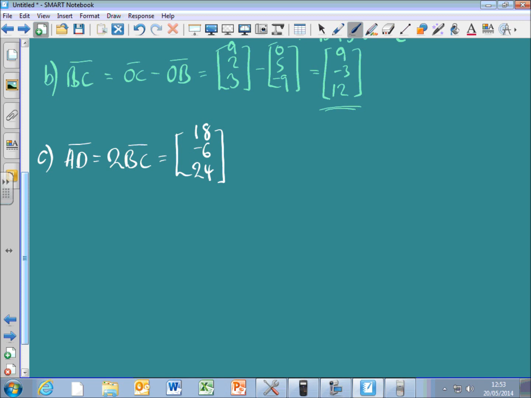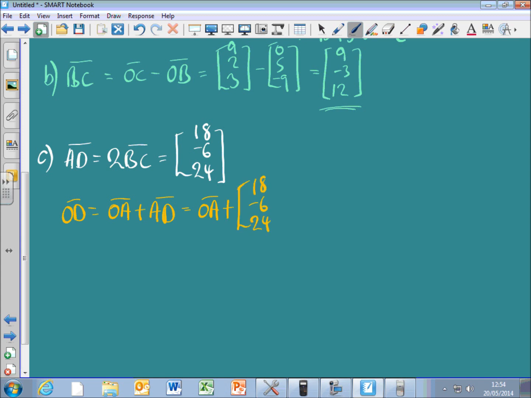we want to show that D has particular coordinates. So how do I find what D is? Well, I can write down that O to D is the same as going from O to A and then going from A to D. I know what O to A is. I don't know what A to D is, but I do know that it's equal to 2BC, and I know what 2BC is because I just worked it out.